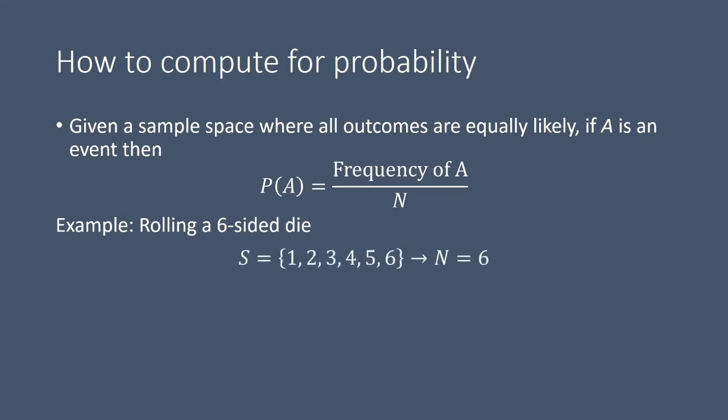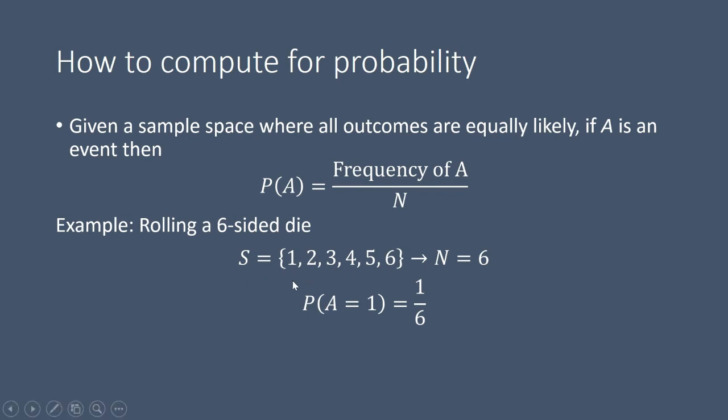For example, our experiment is rolling a 6-sided die. These are the outcomes, so this is the sample space. Capital N, the size of the sample space, is 6. What is P of 1? What is the probability that when you roll a die once, what's going to appear is the number 1?